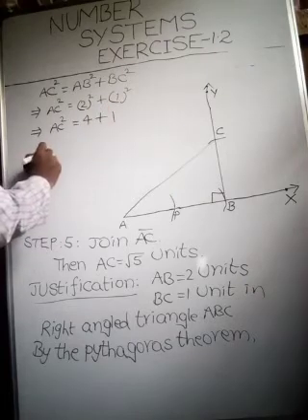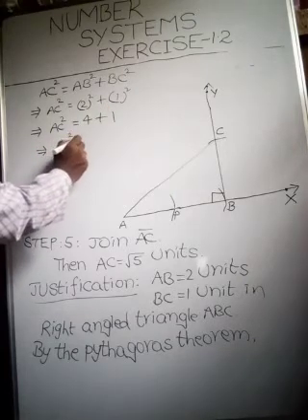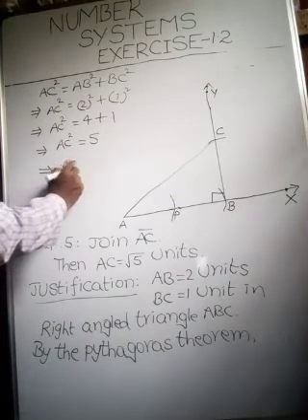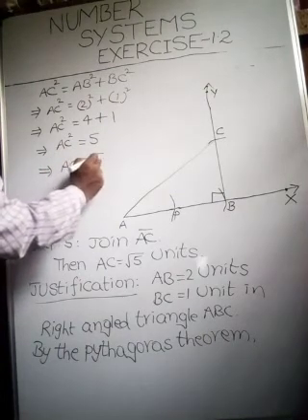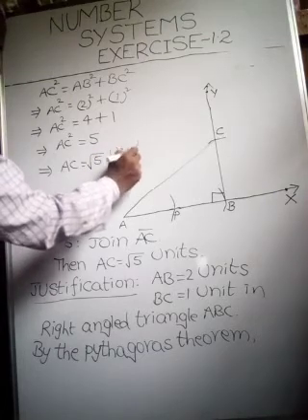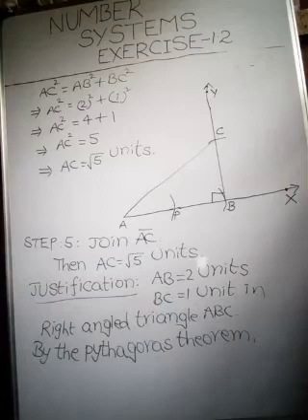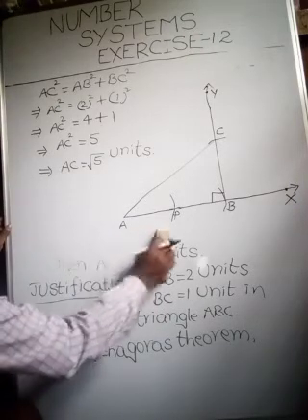This implies AC square is equal to 5. Okay, my children, then AC is equal to square root of 5 units. So this is the length of AC. Understood, my dear children?